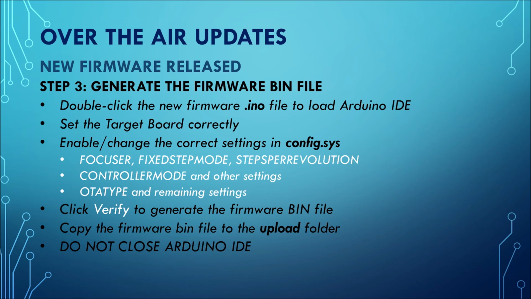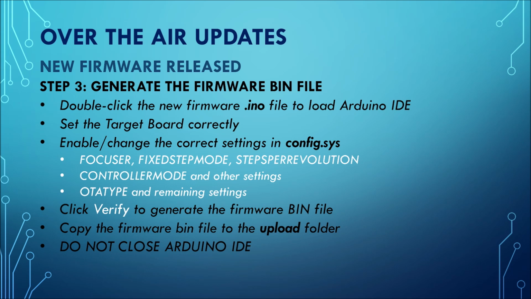So now it's time to get ready to create the actual bin files we're going to use via OTA. The process will be that we load the new firmware into the Arduino IDE, and we set our target board to whatever that is for the board that we're using, and we go through it like it's a normal install that you did for your particular system.